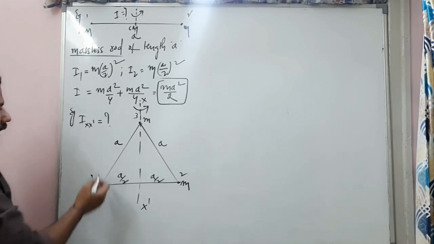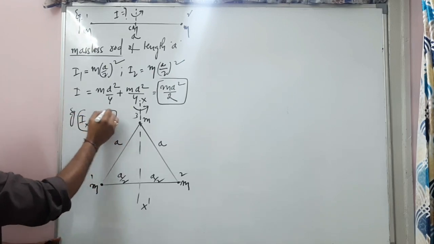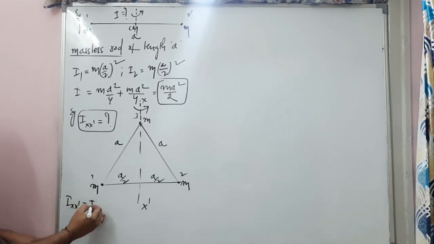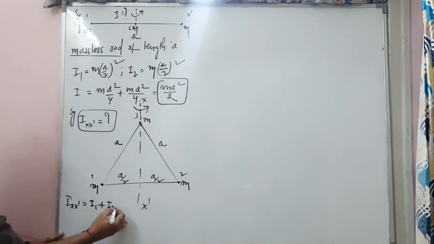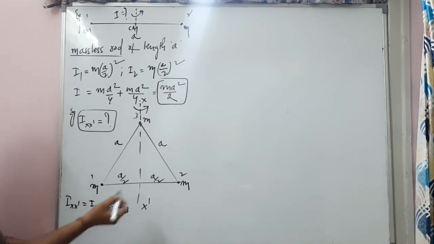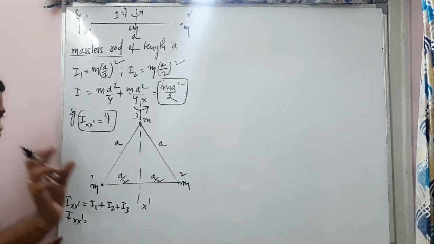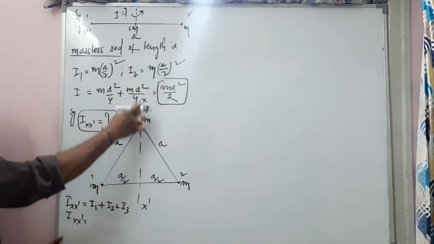In this case, about the x dash axis of rotation, what is the moment of inertia? Ix dash is equal to I1 plus I2 plus I3. See how simple it is. Ix dash is equal to I1, the moment of inertia of the first mass about this axis of rotation.